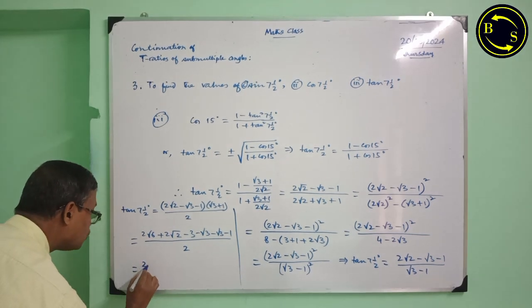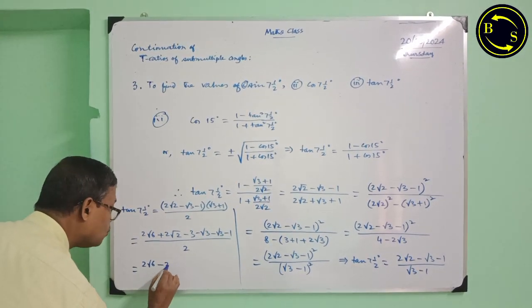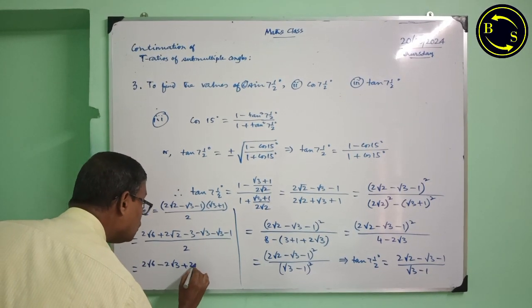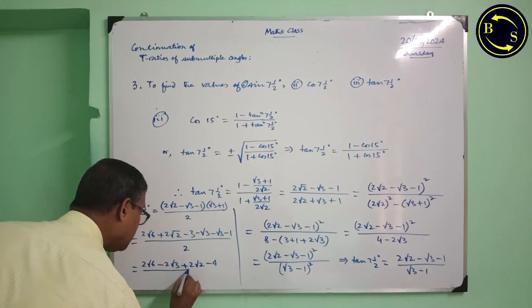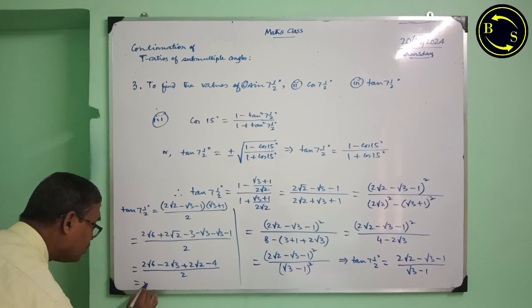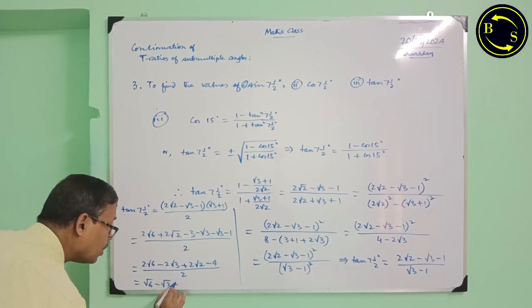Thus 2 root 6 then minus 2 root 3 then plus 2 root 2 minus 4 by 2. Then finally this is root 6 minus root 3 plus root 2 minus 2.